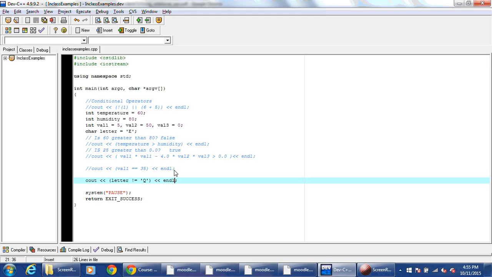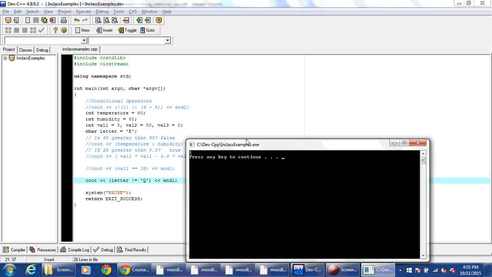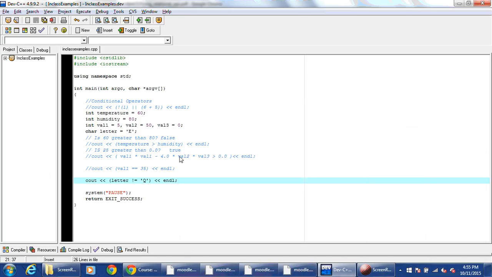Well, what's the value of letter? It's E, right? Is E not equal to Q? Yes, it's not equal to Q. So that means that I'm going to get a true. There you go, 1. Because it's not equal to Q. E will never be Q.